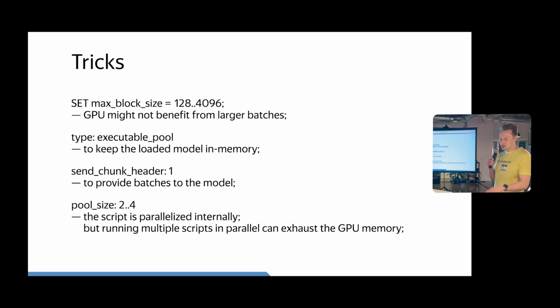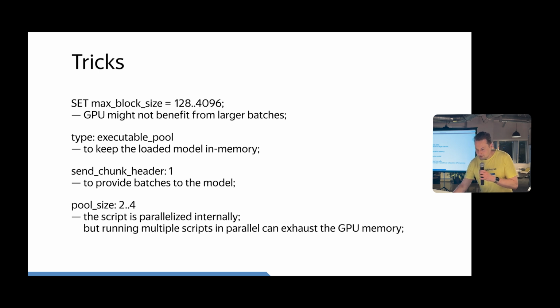It will be about 1.5 kilobytes per vector, and if we multiply by the default block size, 65,000, it will be about 100 megabytes per block, and it does not fit in CPU cache. So we lower this block size to make it faster.